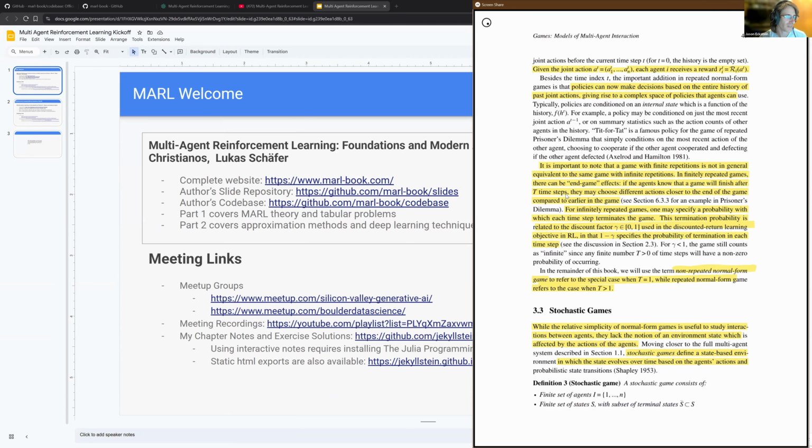If the game terminates in t time steps, that creates end game scenarios where it might be advantageous for agents to change their behavior completely as the environment gets closer to terminating. If we do want to think about finite time steps, usually we reintroduce the discount rate, where you could think of this as discounting future rewards.